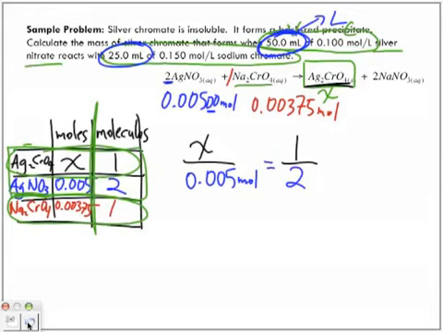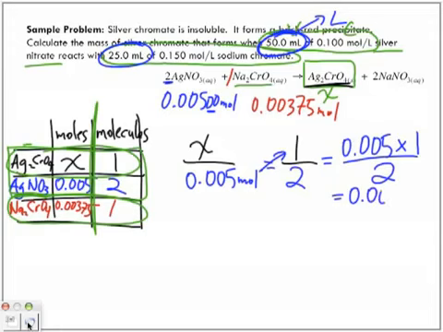In black we have the silver chromate that we're trying to find. So we isolate for X, bring the 0.005 over, and we get 0.005 times 1 over 2, which gives me 0.00250 moles.